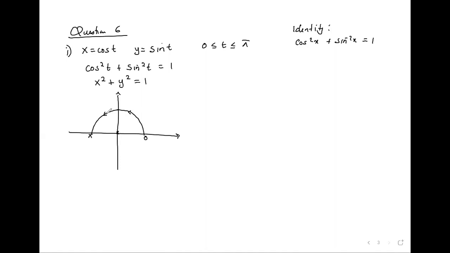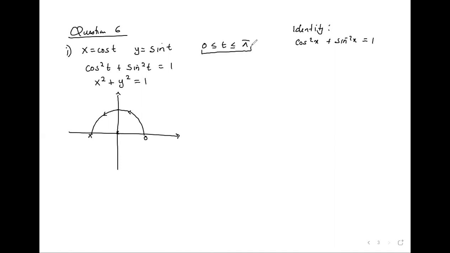This is clockwise, and this is the reverse. This is anti-clockwise. So that's the purpose of the t: to tell us that it doesn't have to go around up to 2 pi. It's just half a circle. So that's how you put it there.